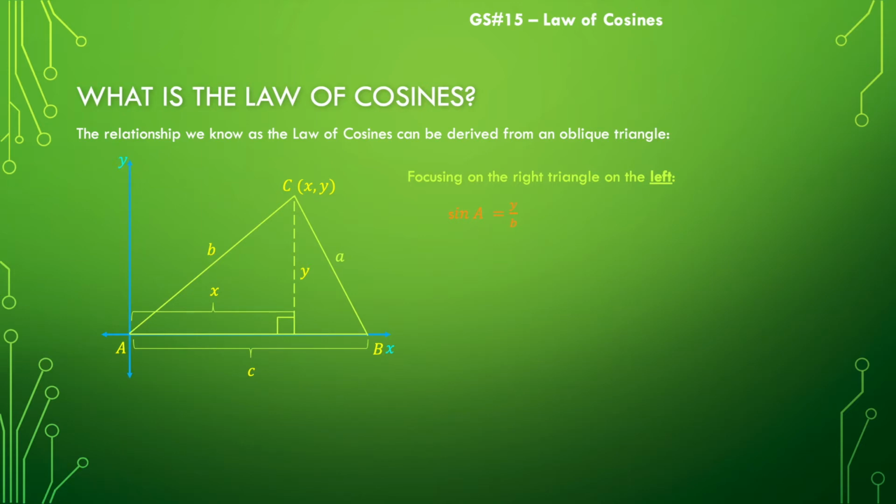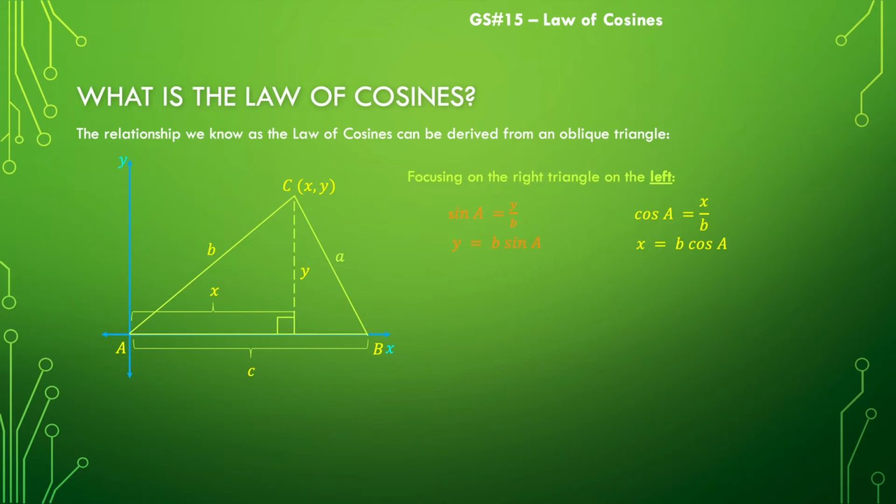And then we can isolate y by saying that y is equal to b sine A. We can also look at the relationship of cosine of A, which would be the adjacent side, x over the hypotenuse b. And then again, solve for x and say that x is equal to b cosine A.